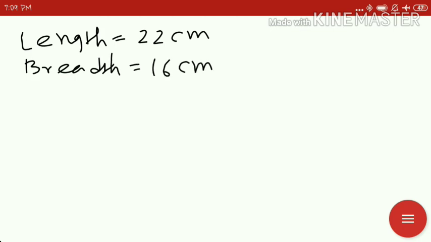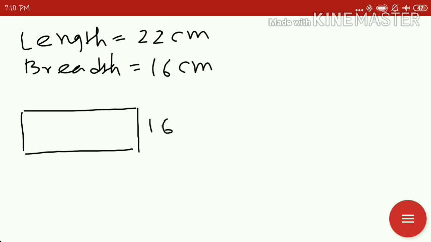The rectangular sheet was in this form, of which the breadth was 16 and the length was 22. We have made a cylinder of height 16 centimeter, that means the breadth has transformed to the height, and the length part is so wrapped that it formed the circular part.